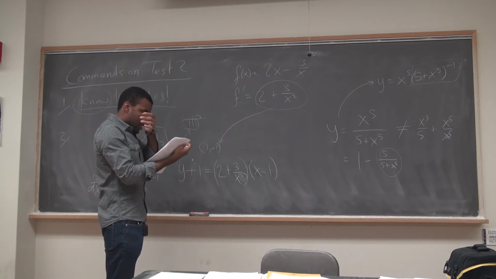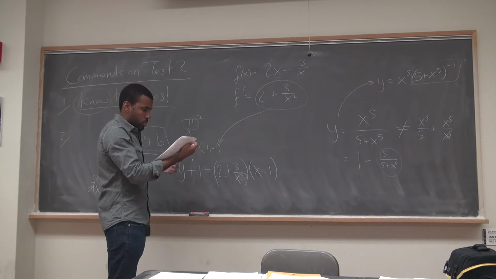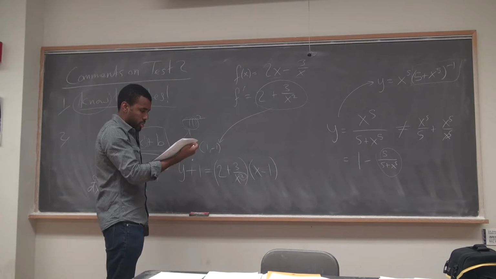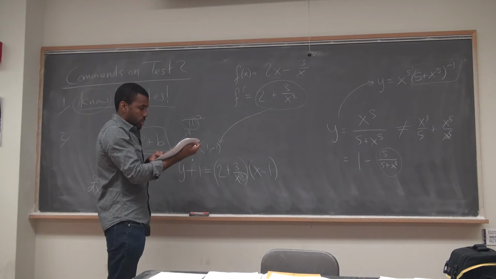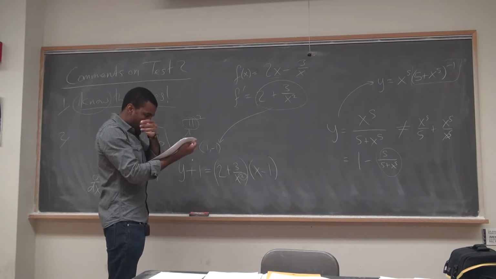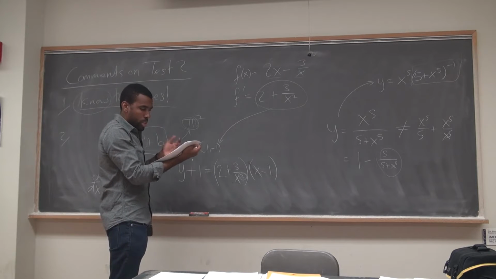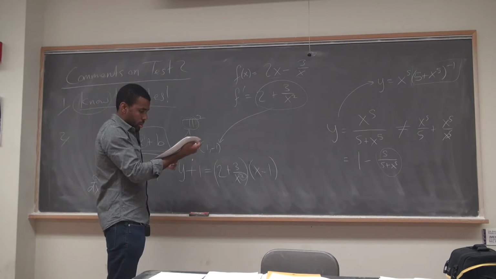The implicit differentiation one, I think most people were actually on the right track there. For the velocity one, part A, almost everyone got it. The other parts though, I think some people got confused.